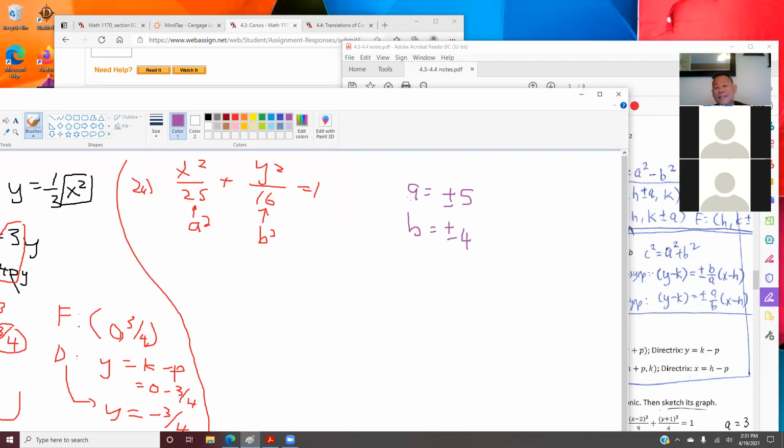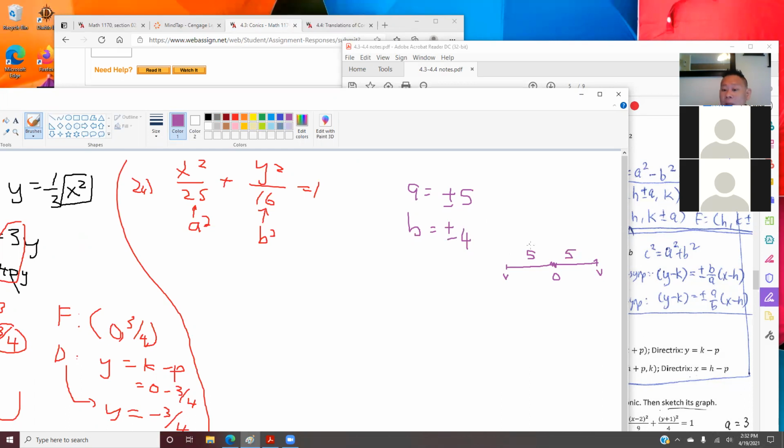What does a mean? a is the distance from your center, which in this case is 0, 0, to your vertex. So these are all 5 units.